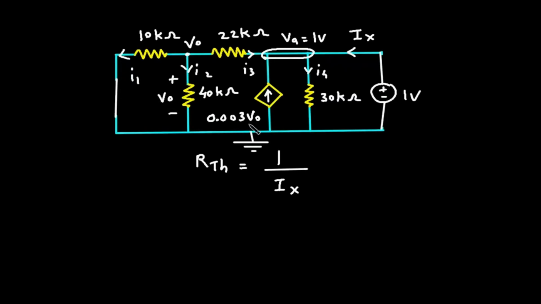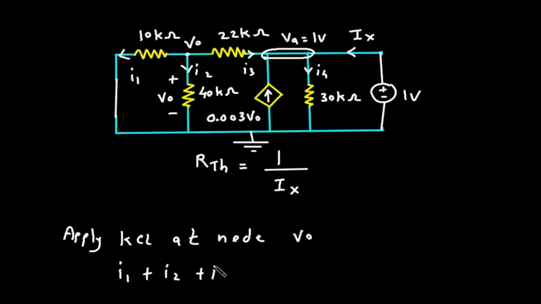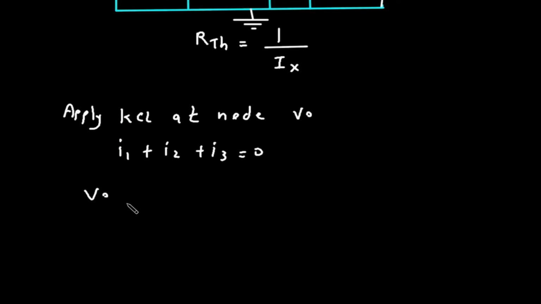This is current I4. So apply KCL at node VO. Now when we apply KCL at node VO, entering current at this node is 0. So all the currents are leaving. So I1 plus I2 plus I3 is equal to 0. Now this I1 is equal to VO minus 0 by 10 kilo ohm, plus I2.